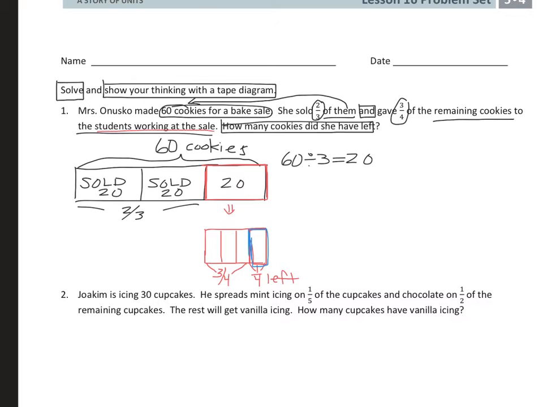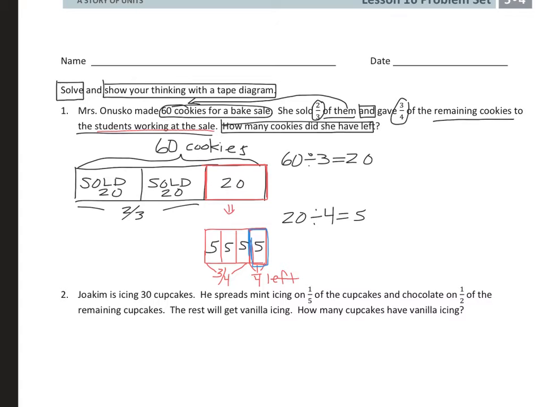Now I'm going to take what's left over, the remaining, and divide them evenly into these 4 boxes. So 20 has to be divided into 4 boxes, and the answer is 5. So down here, we're going to write the number 5 in each box. So we can see that the 3/4 that she gave to her students working the sale, she actually gave 15 cookies, and she had 5 cookies left over.